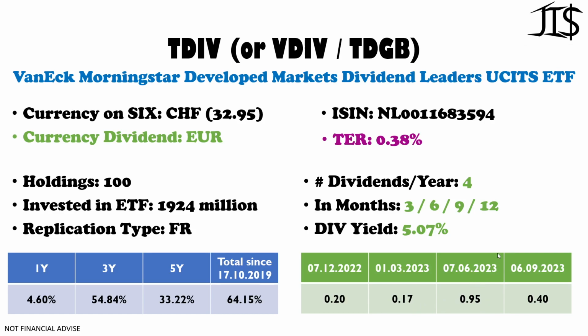So the one from June is a lot higher than the one from March, and also the one from December. So that's something to take into account when you want to invest in this one, I think. So it's better to invest shortly before June, and when you miss June, then you should better wait until you are back around March, so that you immediately start off good with a good high dividend in that quarter.